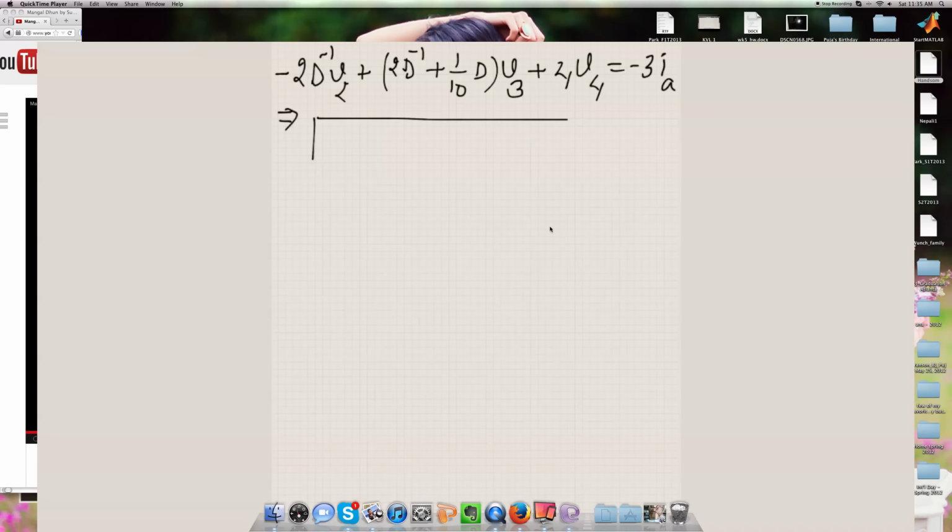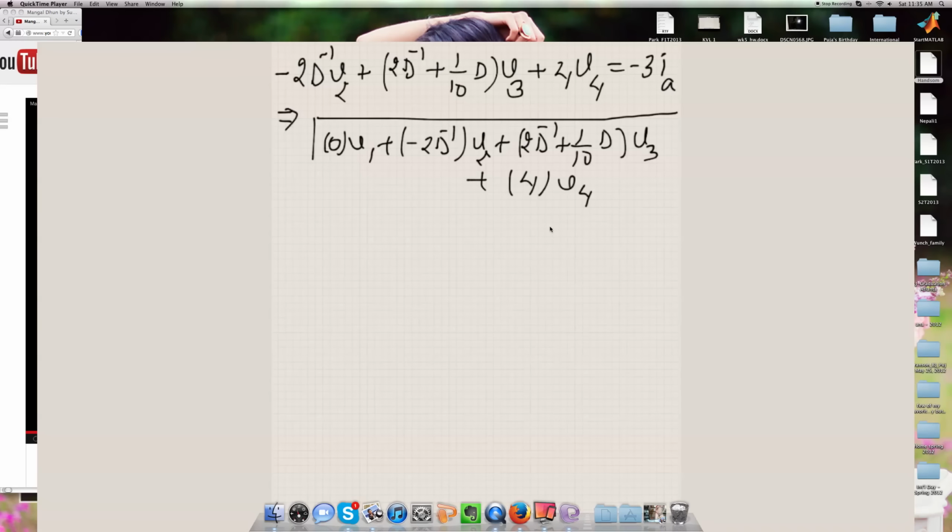Let's start writing in this box. There is no V sub 1, and we have minus (2D minus 1) V sub 2 plus (2D minus 1 plus 1 over 10 D) V sub 3 plus 4 V sub 4 is equal to minus 3I sub A.